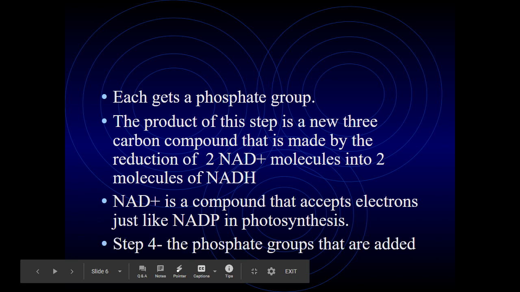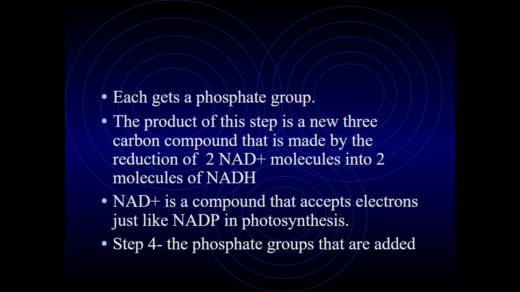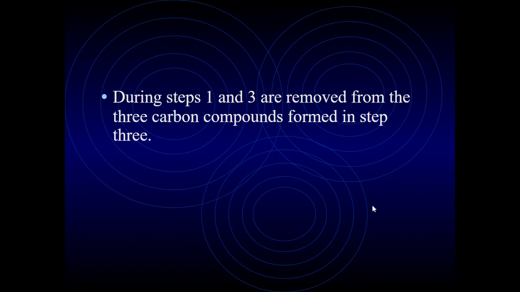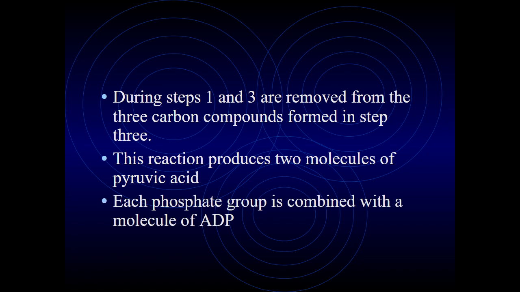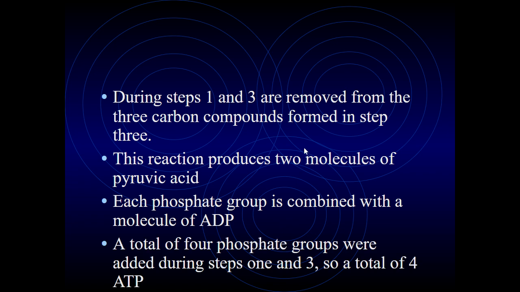Step 4, the phosphate groups that are added during steps 1 and 3 are removed from the 3-carbon compounds formed in step 3. The reaction produces 2 molecules of pyruvic acid. Each phosphate group is combined with an ADP, and a total of 4 phosphate groups are added during steps 1 and 3, so your total of 4 ATP.